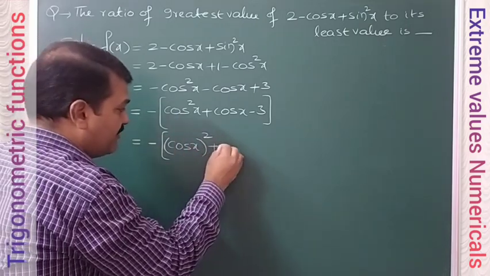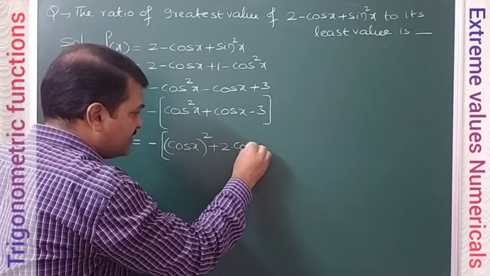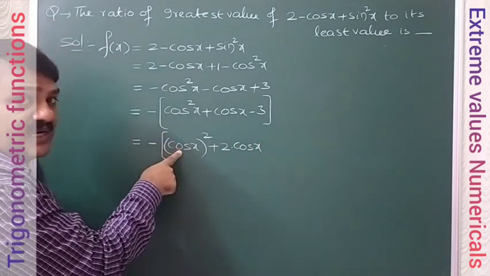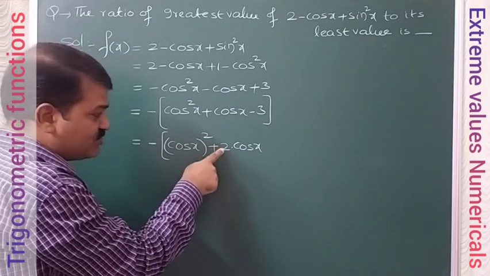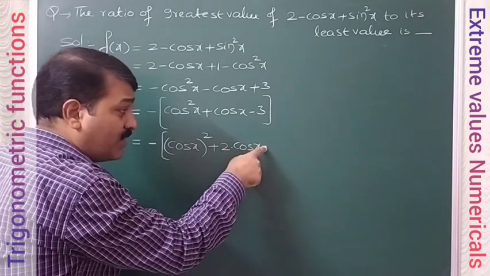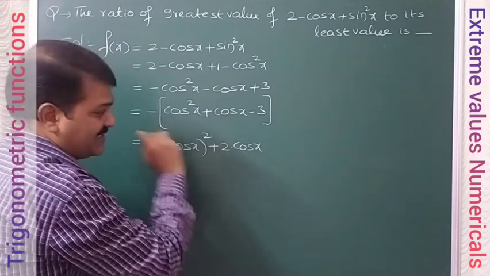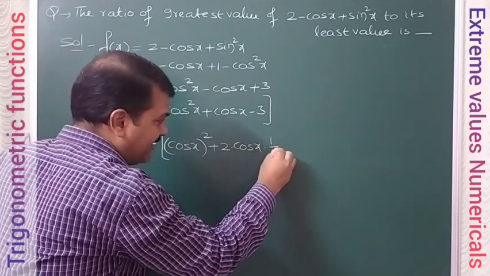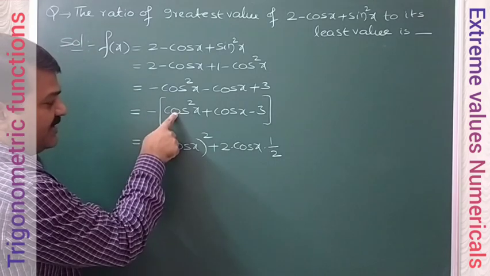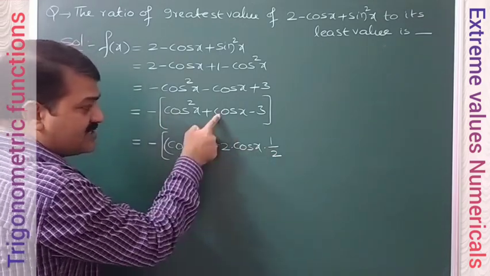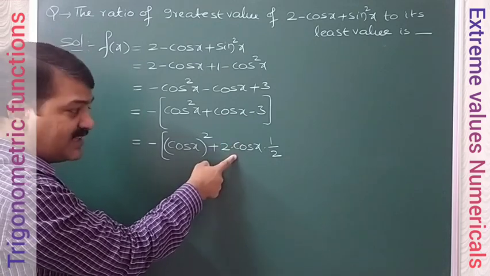Now plus 2ab means 2 into cos x. Just observe carefully. This is a square, so we know what a is. Plus 2ab. What must b be such that this term matches with cos x? b must be 1 by 2. The term is cos x, so it is the same, no change in the value.